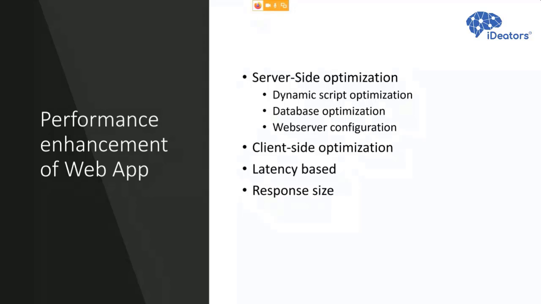Those are a few techniques you can apply to reduce the response size. But there are other techniques on the server side as well, which require understanding the way servers are configured, the way edge servers get configured, and then CDN servers get configured.